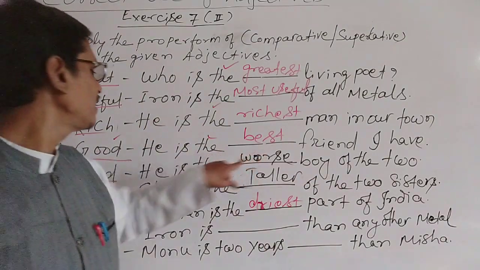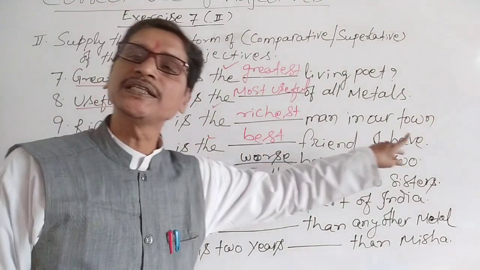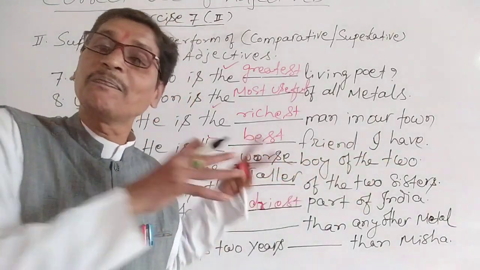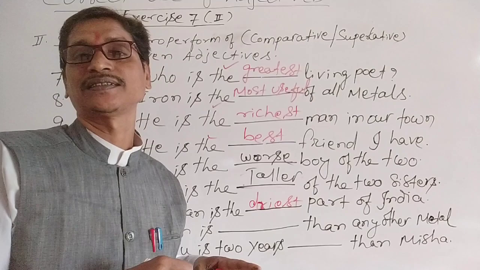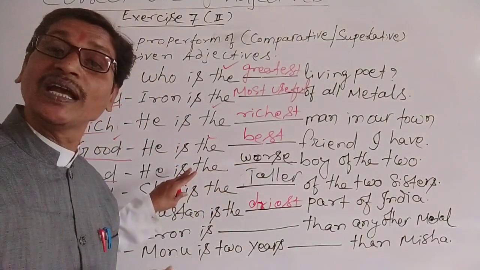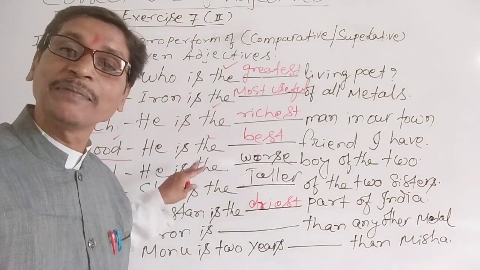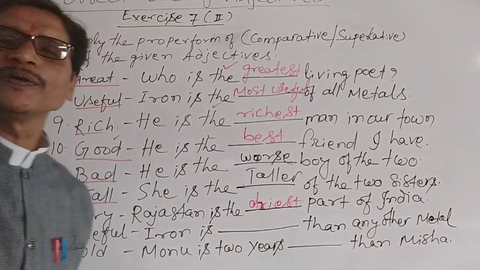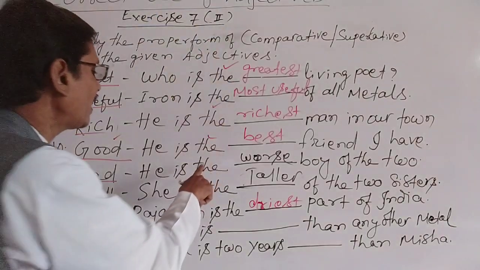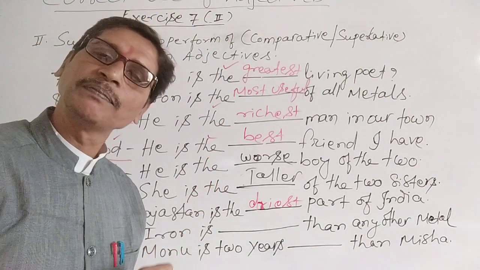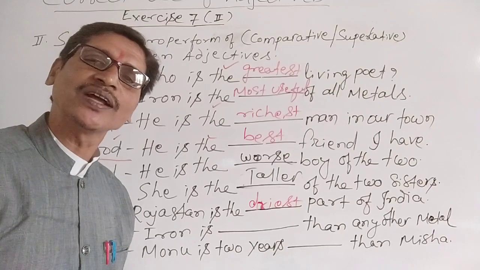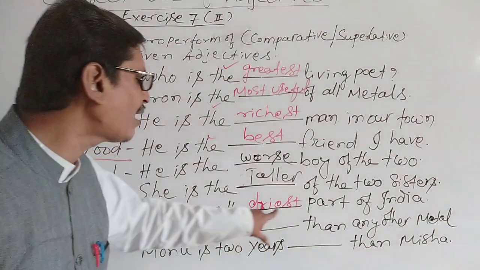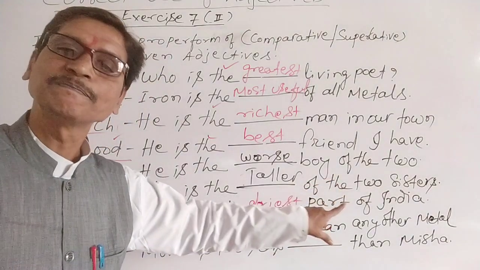He is the worse boy of the two. She is the taller of the two sisters. We have still used the article the before them in accordance with the rule. Similarly, Rajasthan is the driest part of India.